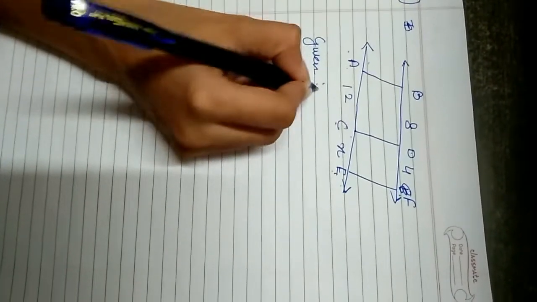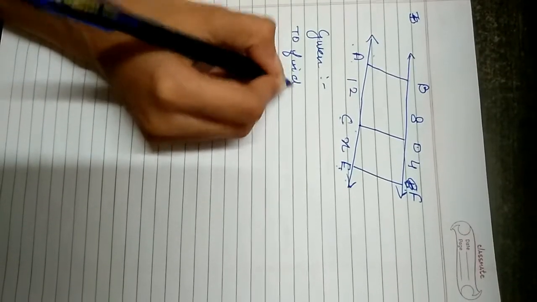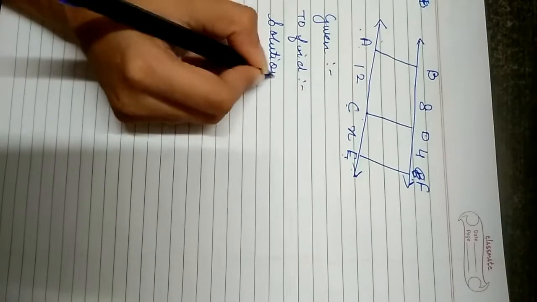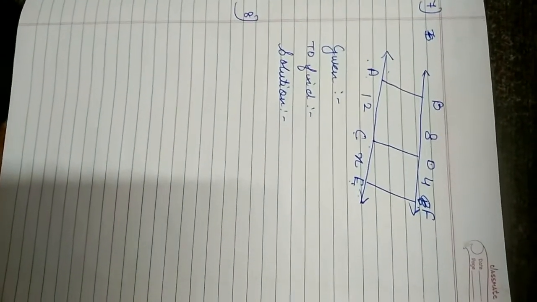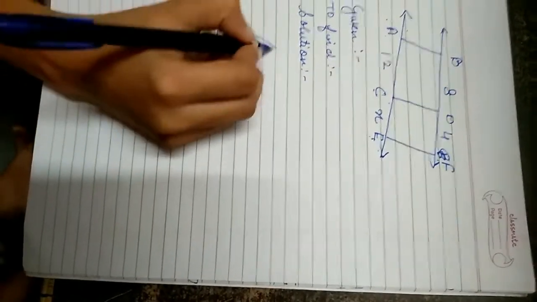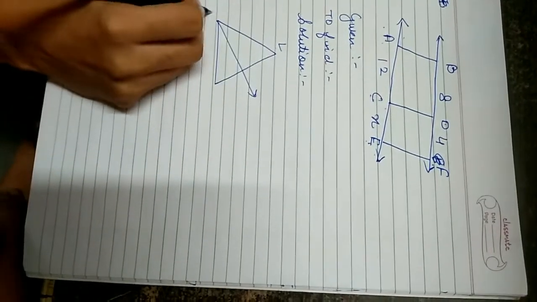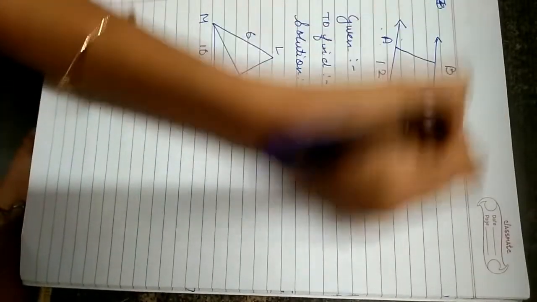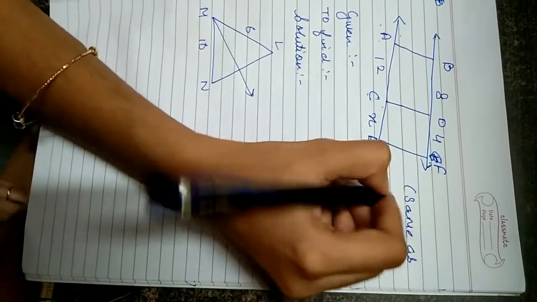Same, you will have to write given, to find, and solution. Now eighth sum. Same as sixth.